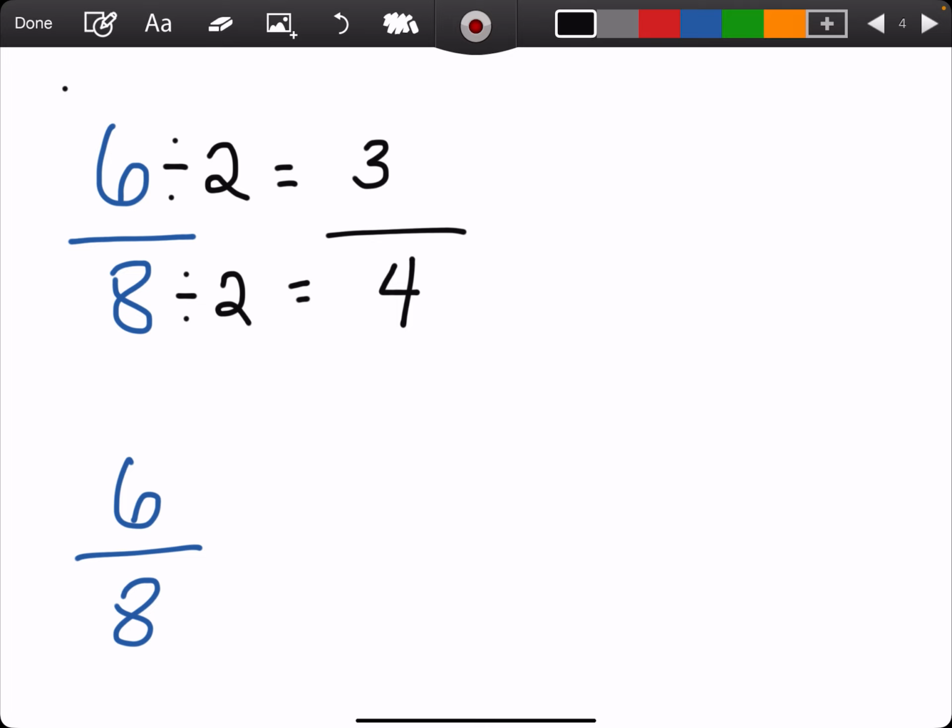I'm just going to give that as an example, and leave it as a practice example. 6/8 would be equal to 3/4. I may have even done that one before.